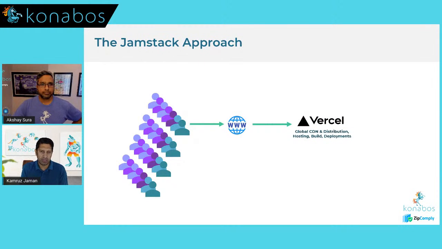Now the Jamstack approach is slightly different, right? So we've traditionally been using Vercel, but we've also used Netlify a lot, and it's funny, right? Because some of our customers are very regional, but some of our customers are global.